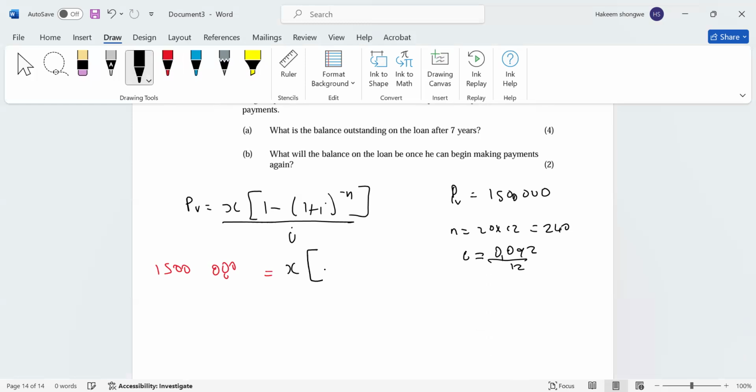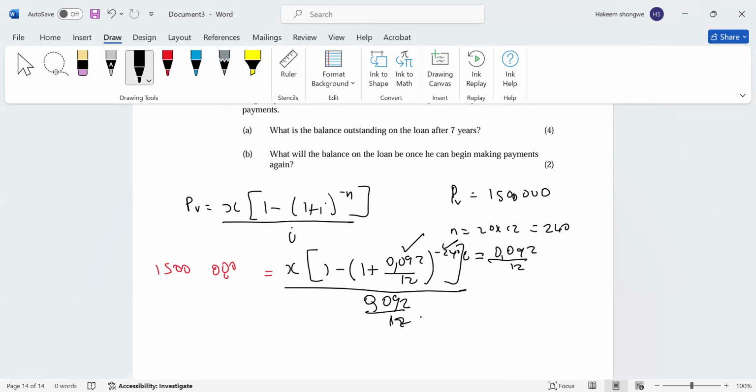Then open bracket, 1 minus (1 plus 0.092 divided by 12) to the power of minus 240, close bracket. Remember, there's a mark here for substituting in the correct formula. I'm not done, I'm left with this part here: all over 0.092 divided by 12. If we substitute in the correct formula, we have 2 marks. Each and every one of us should get these 2 marks.